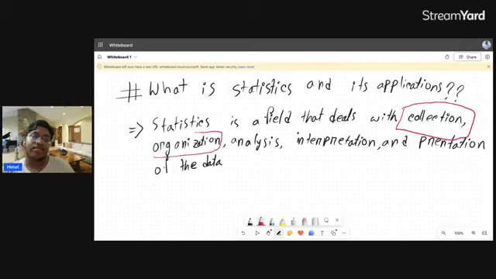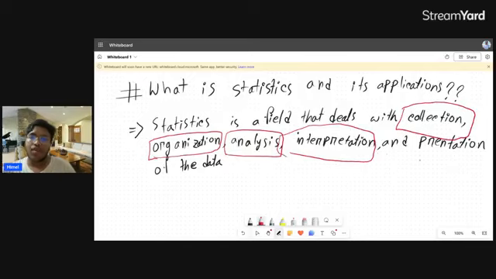So, in statistics, we mainly deal with a collection of data. We organize the data, we analyze the data, we interpret the data, and we present the data.